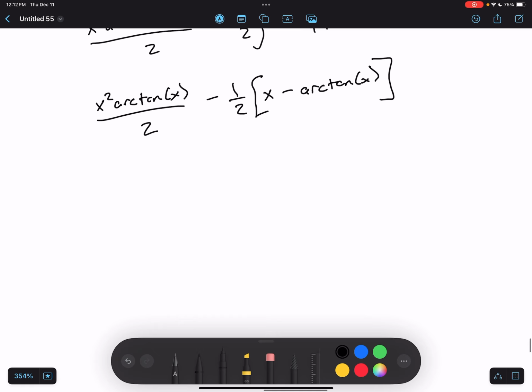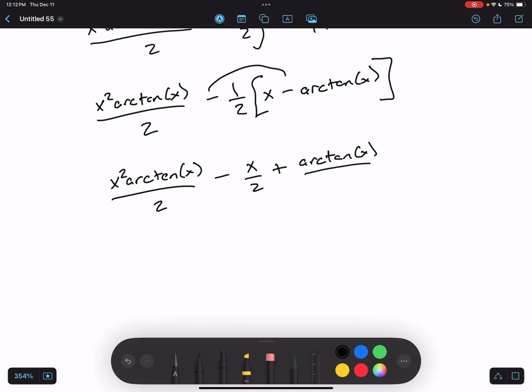And so finally, the solution to our problem is x squared arctan x over 2 minus x over 2 plus, now distributing this minus over, arctan x over 2.